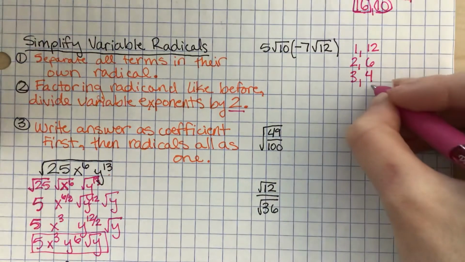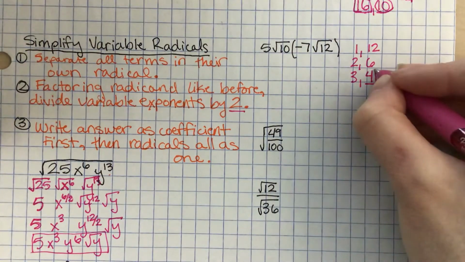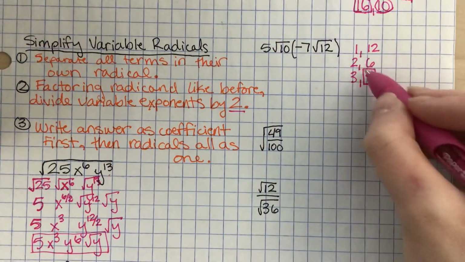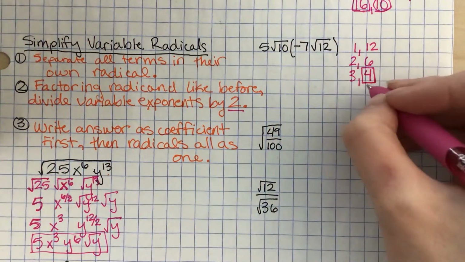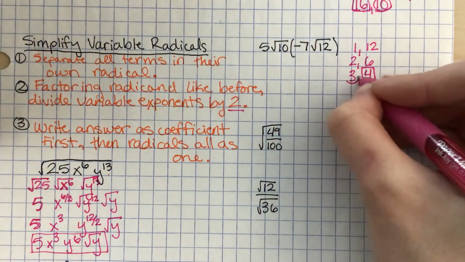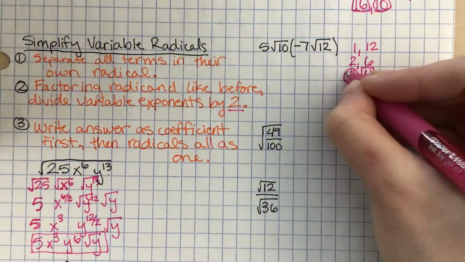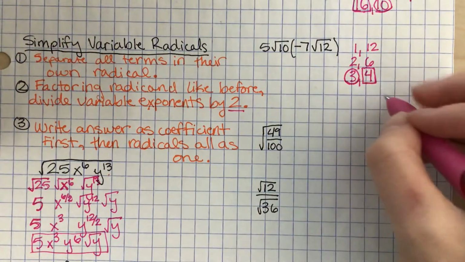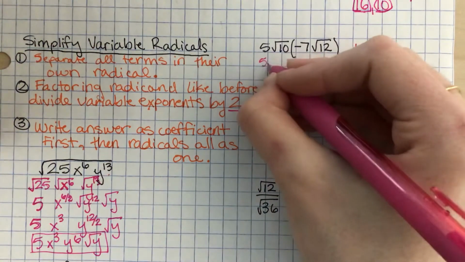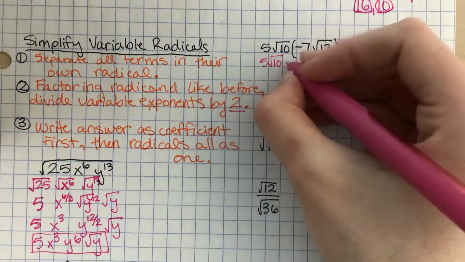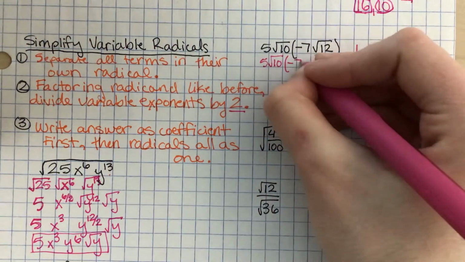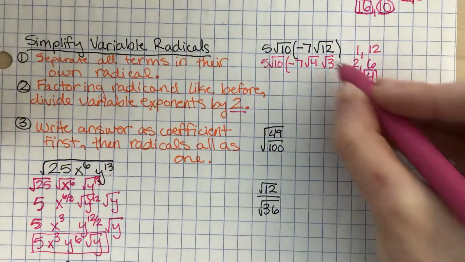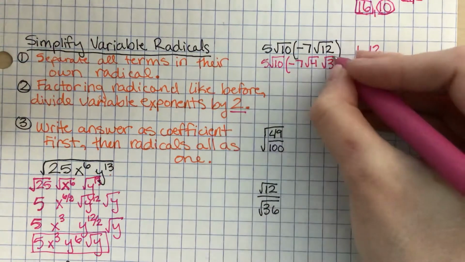Now, you'll probably notice that this one is special because it has the number 4. 4 is a special number, and when we list the factors, we said previously we want a perfect square and a small, if not prime, number. And 3 is just that. It is prime. So we have the numbers we want, so we're going to write 5 square root of 10, because that can't be simplified, multiplied by -7, square root of 4, square root of 3, because we're going to write both in the square root.